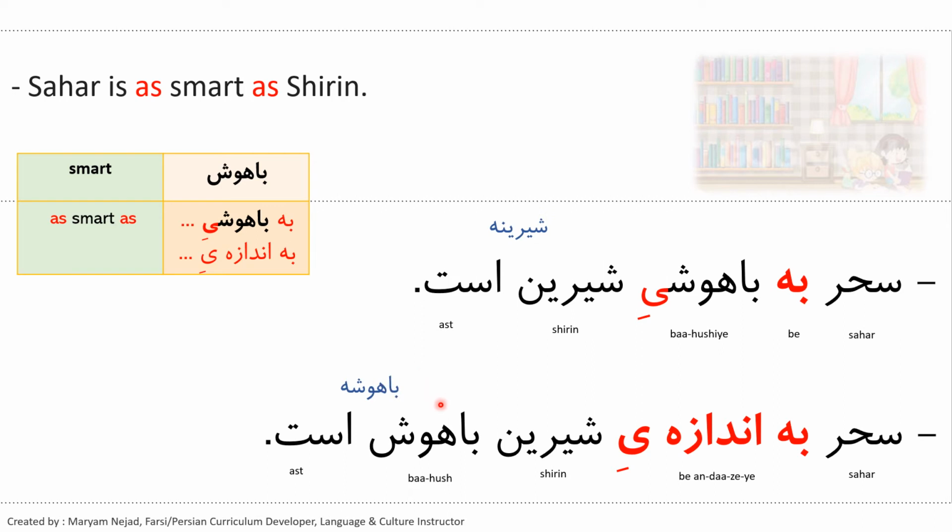The informal contraction of باهوش است is باهوشه. I'm going to read these sentences one more time, but in informal and a little bit faster. سحر به باهوشی شیرینه. سحر به اندازه شیرین باهوشه.